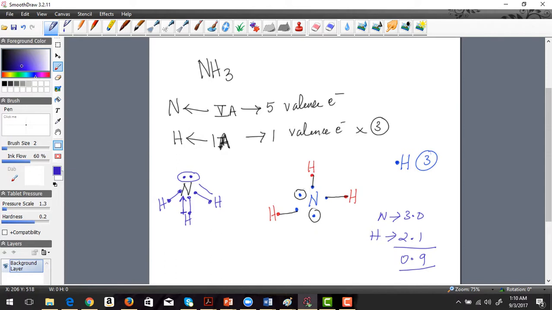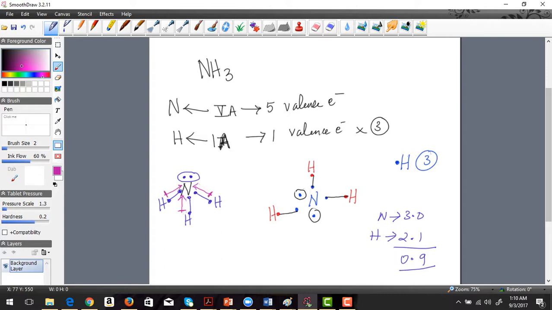Similarly, if you want, I'll do it in a different color so you can see it. It's all blue over here, so let's get a pink. Nitrogen gets the arrow, hydrogen gets the tail, for each of the three bonds.